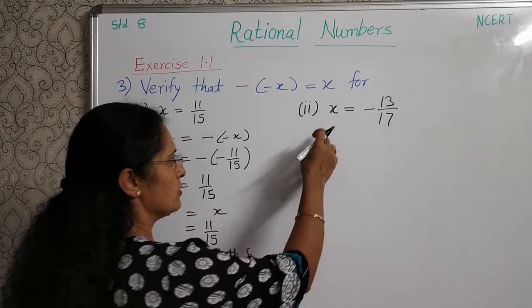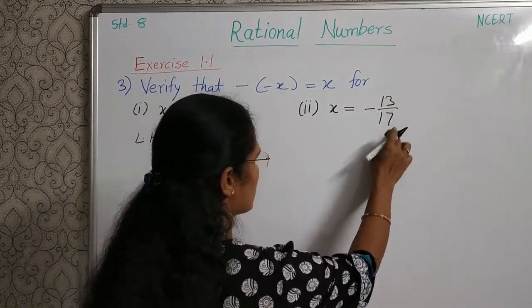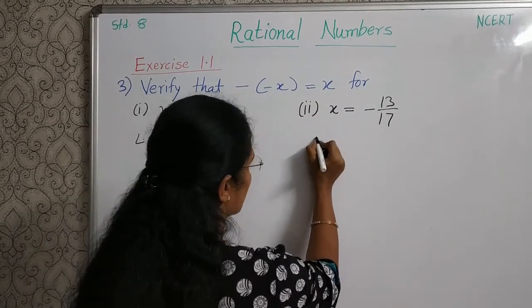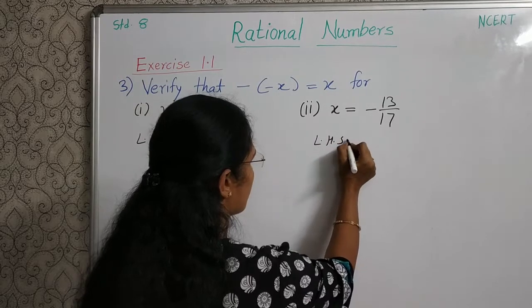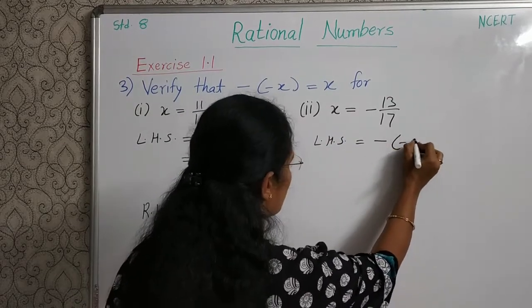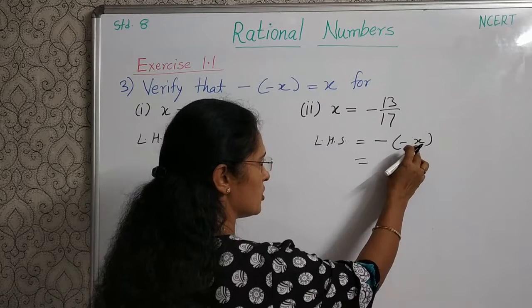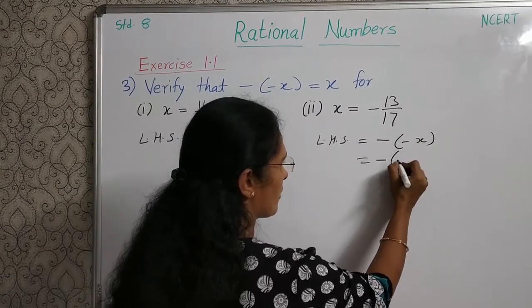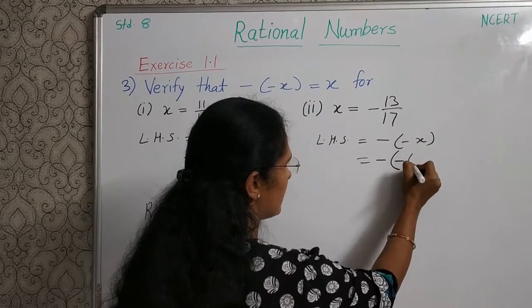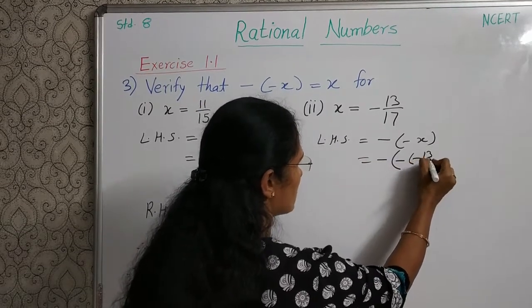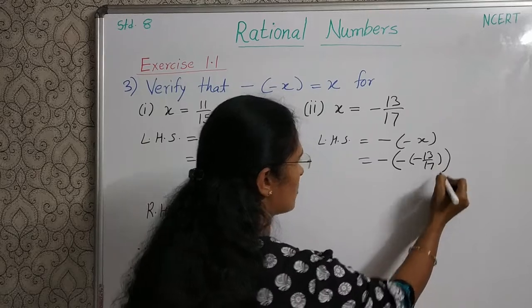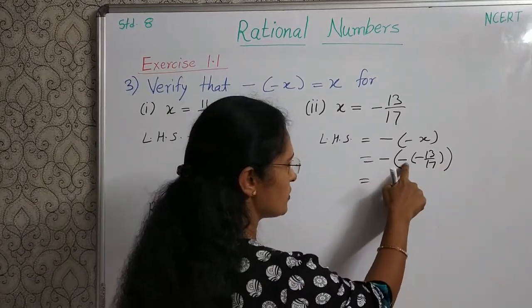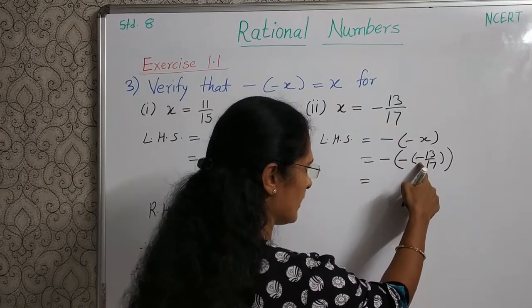Now for the second value, x is equal to minus 13 by 17, again we will verify this. So LHS, left hand side, is minus of minus x, again just put the value of x here. So minus, again minus, and this x value is minus 13 by 17. So now there are 3 minus signs. Now see, minus minus is plus, and plus minus is minus.